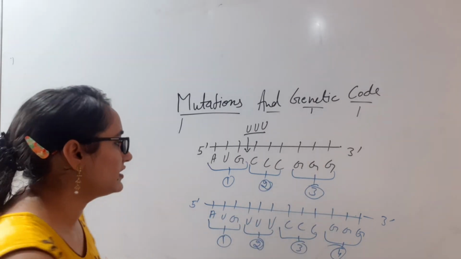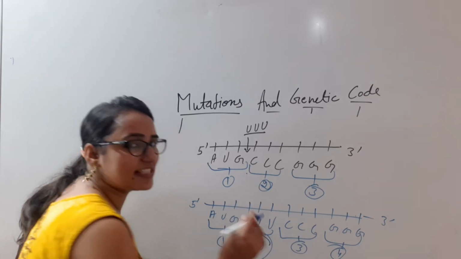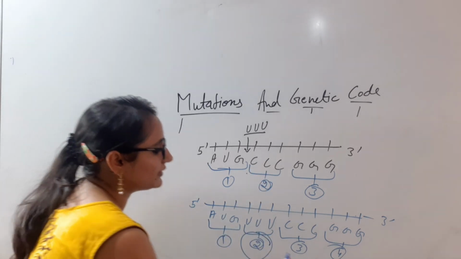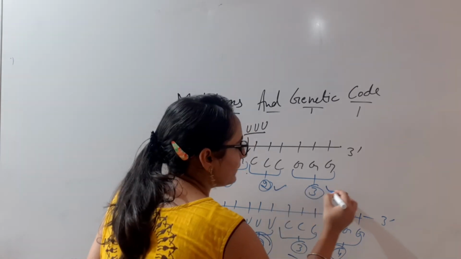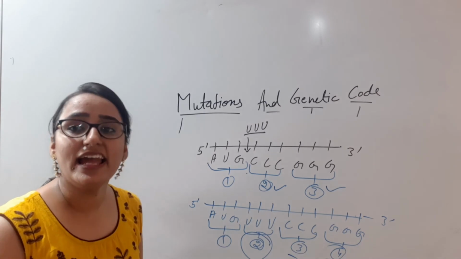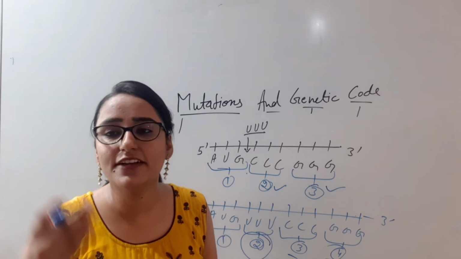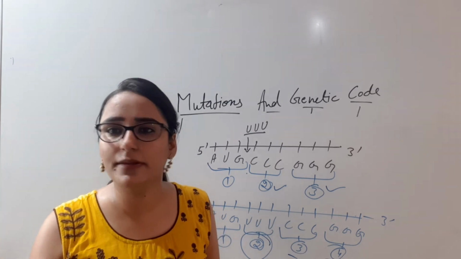How? See, the first codon is the same. A new codon at the second position is inserted, and the third codon and the fourth codon will be the same as the second and third codon of the unmodified RNA. So this will add a new amino acid in the protein sequence, but the amino acid sequence after the insertion will remain the same.